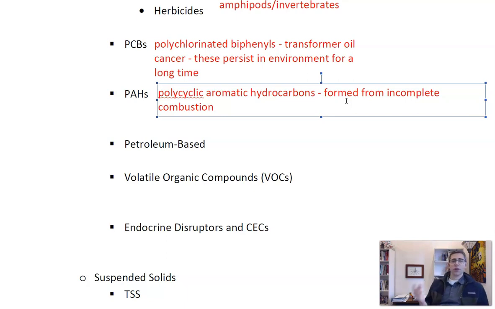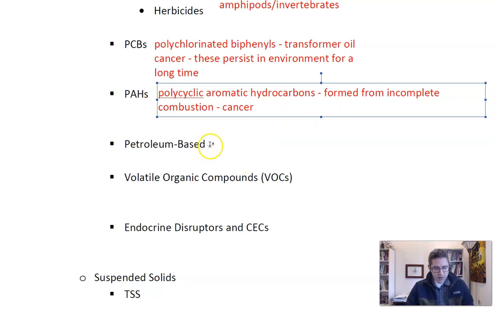If you're burning wood in your fireplace, that can also form PAHs. Forest fires can be a big source. And so these go up into the atmosphere often and then can be either dry deposited or wet deposited in rain on surfaces and wash into water bodies. And again, cancer is a big concern of these, other health effects as well.